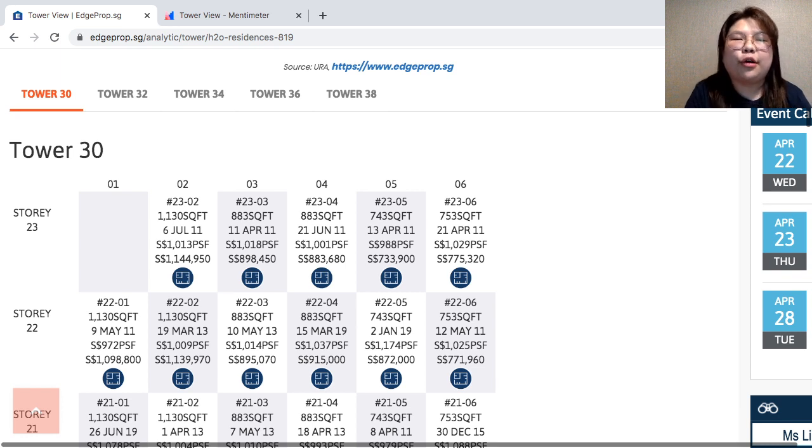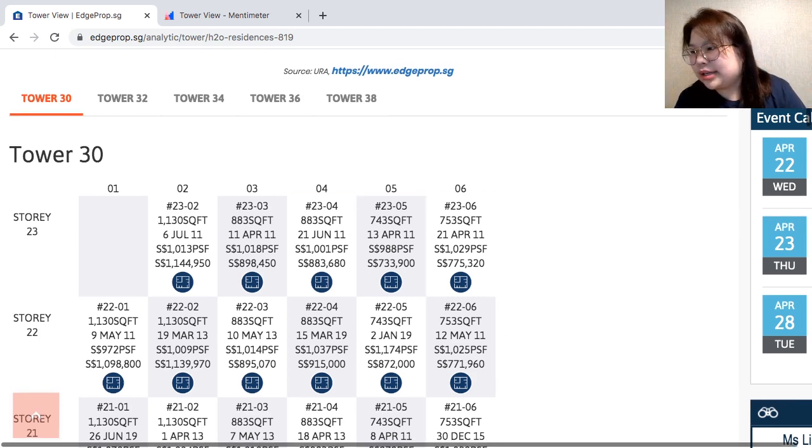It will tell you a floor range, maybe this transaction is for a unit on the 7th, 8th or 9th floor, 7 to 9. It will not indicate the unit number. So only when we have the unit number will we reflect the transaction here on tower view.